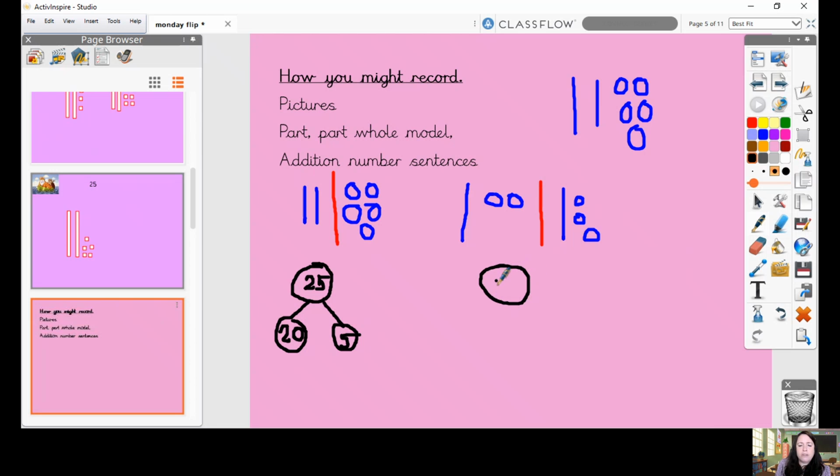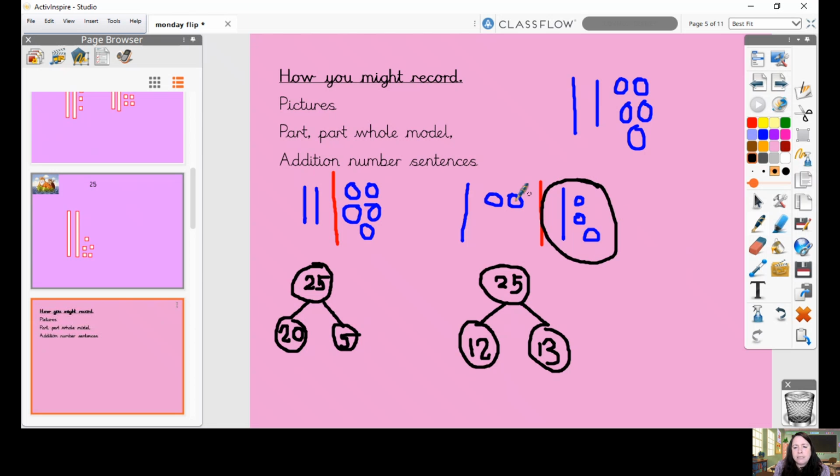Still going to have 25 at the top because that's what we're making. But this time we're going to partition 25 into 12 and 13. If you do this line in the middle, just make sure that it's a different colour, otherwise you might think it's a 10. It might be better to put circles around them like this, actually, I think would be better.